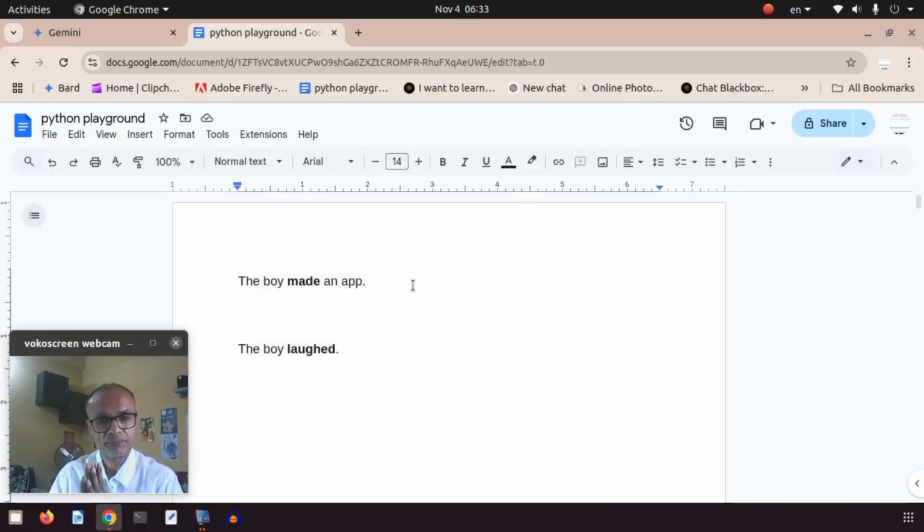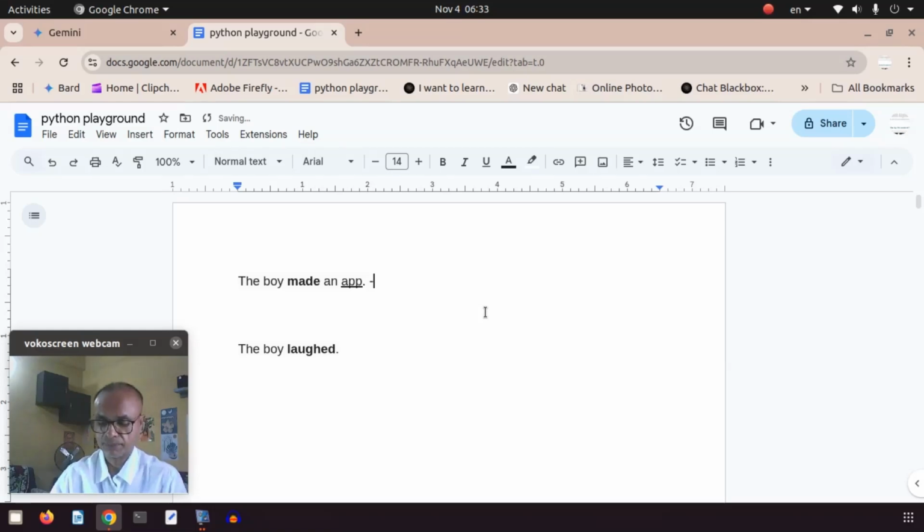When I say the boy made an app, I name the object which the boy made, that is an app, and the boy is the subject here, of course. And the word app is therefore called the object of the verb made.